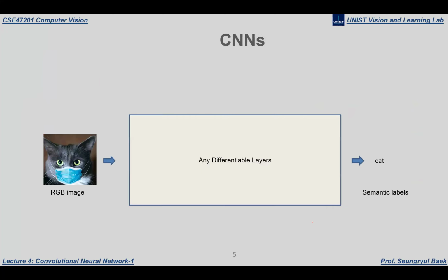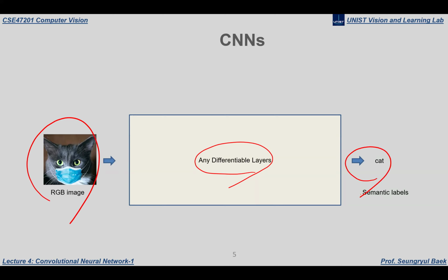So any differentiable layers can be used to map arbitrary input to arbitrary output, and they can be learnable. But the accuracy can be different according to the layers we are using.